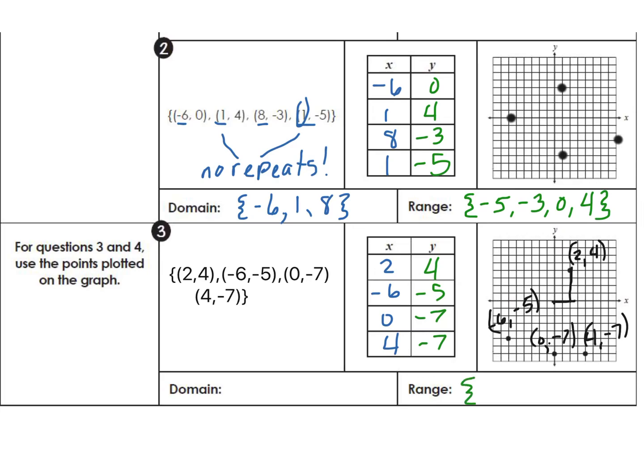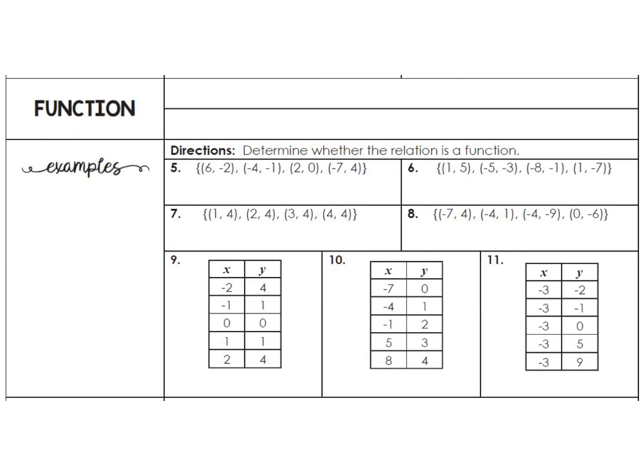And then down below, what you're going to do is fill in your domain and your range with no repeats in numerical order from least to greatest. And that's it. Okay? If you're still struggling with this, I want you to pause the video and call Miss Brown over.